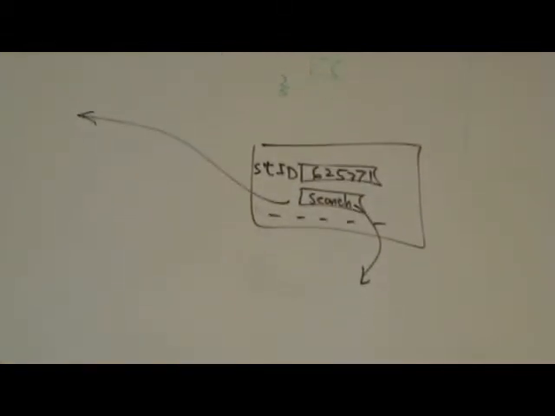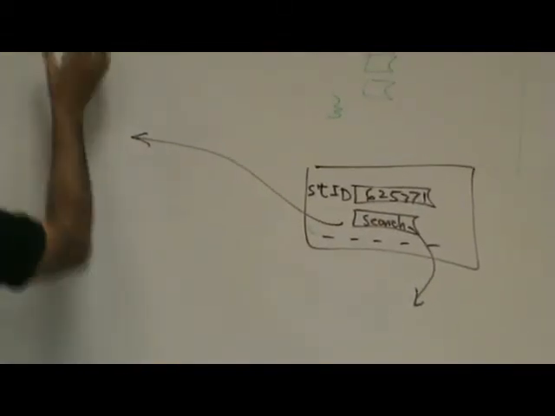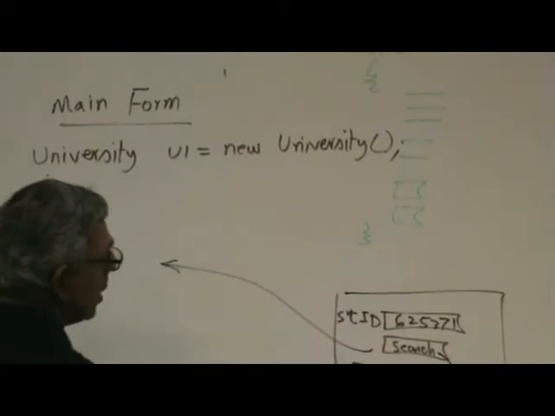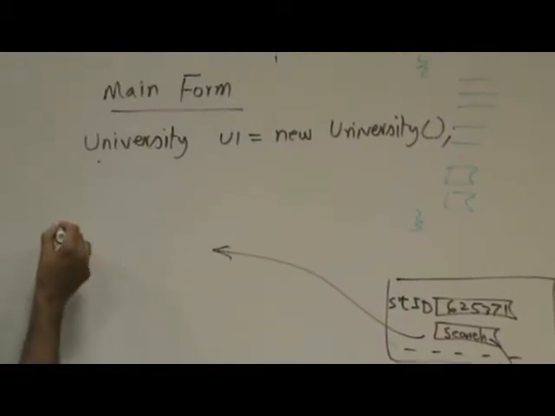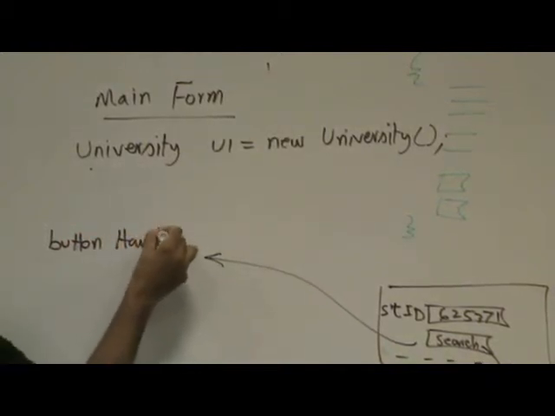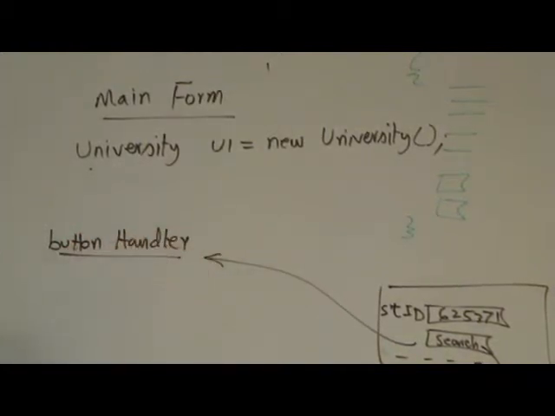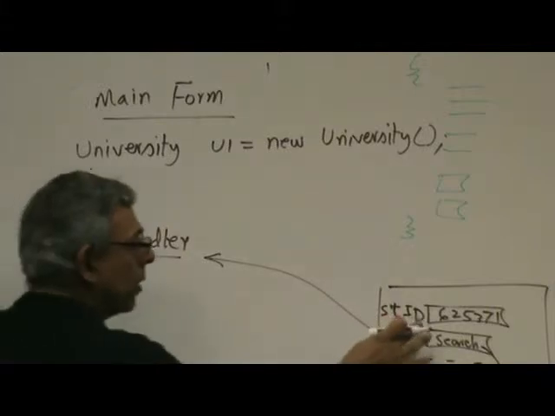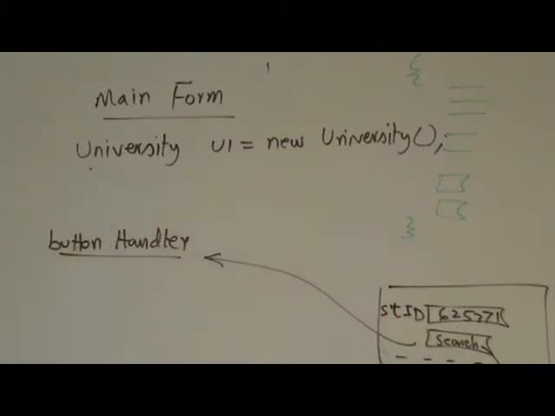Okay. So anyway, now we create another form. If somebody clicks on the search button, in this form or in the main form, it doesn't matter, we have another button handler over here. So what type of code will we write over here so that we can go and look for the student?